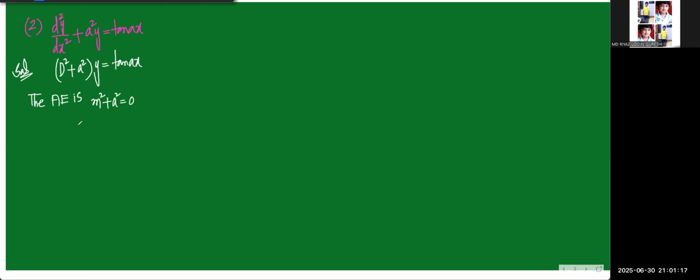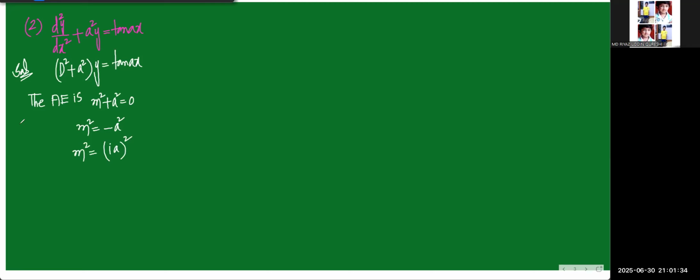We can say that m square value is equal to minus a square, but this can also be written as i a whole square, because we know that i square value is minus 1.